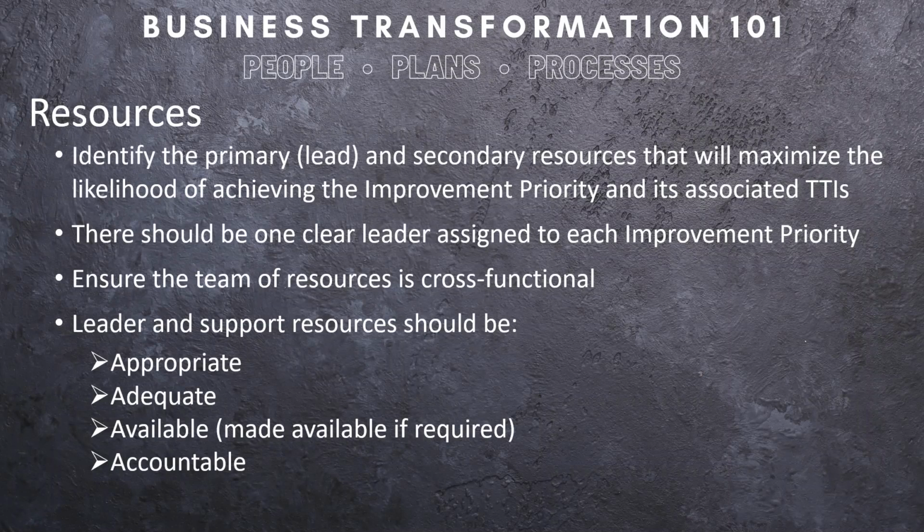The CEO and the CEO's direct reports should lead from the front by being the leaders on these improvement priorities. They should ensure the team working on each improvement priority is cross-functional.